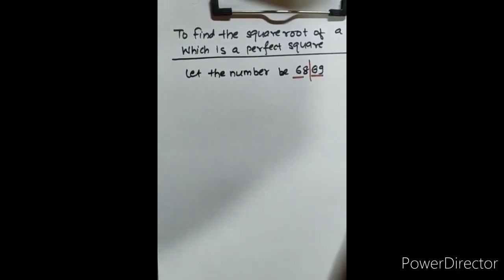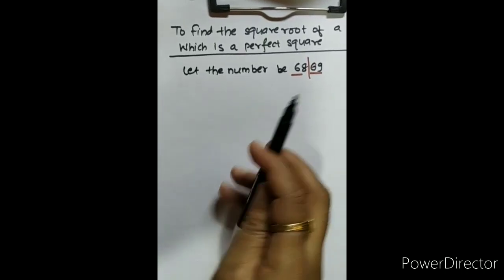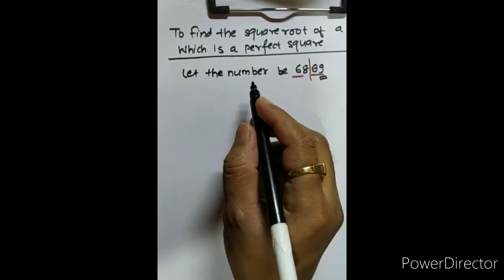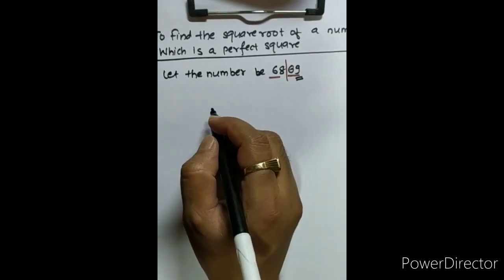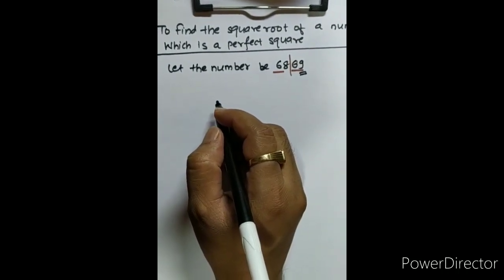Now what is the unit digit? The unit digit is 9. Now think of the numbers whose square is 9.